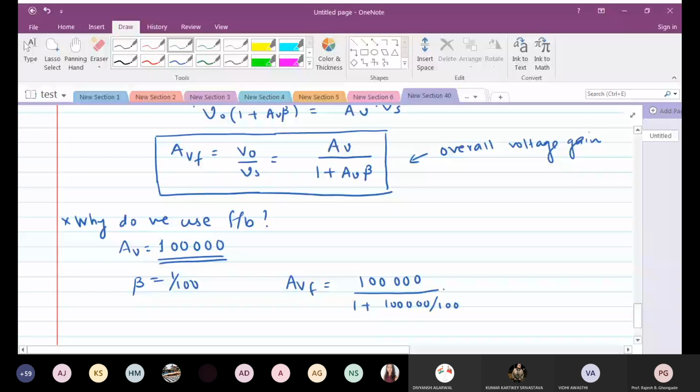Can someone calculate this for me? It is 99.9. Correct.